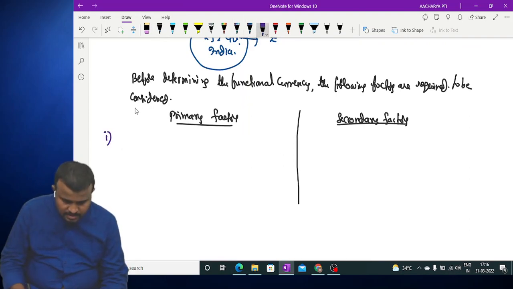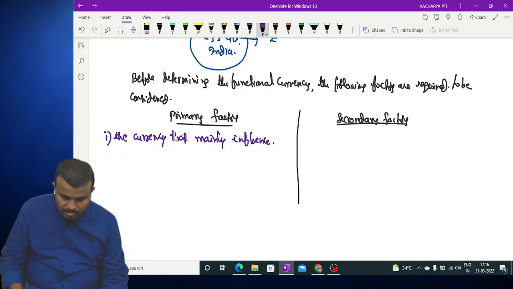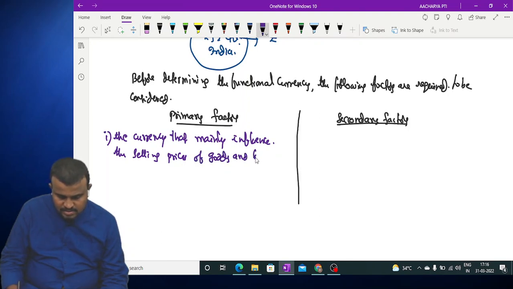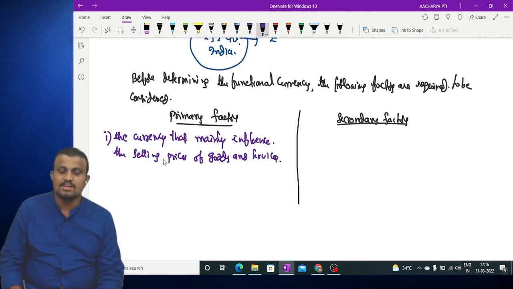The first one is the currency that mainly influences the selling price of the goods and services. The currency that mainly influences the selling prices of the goods or services.